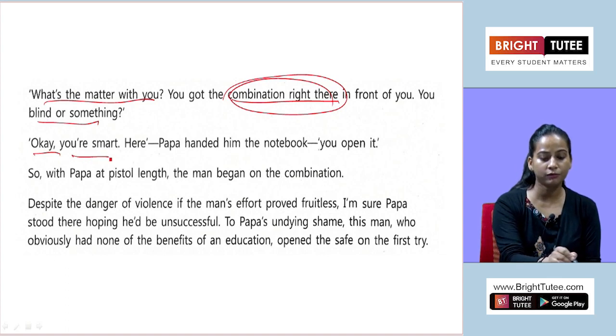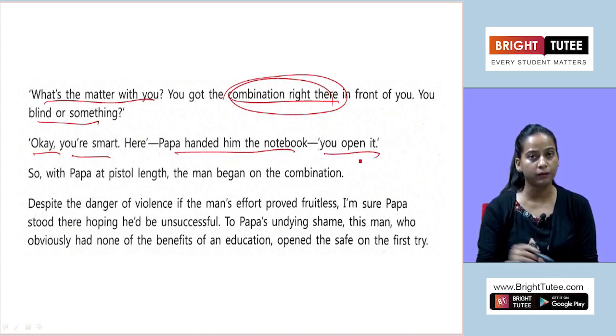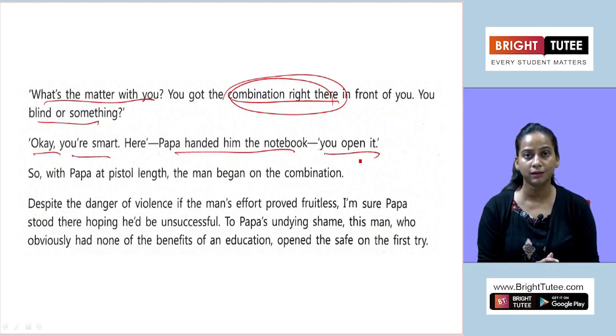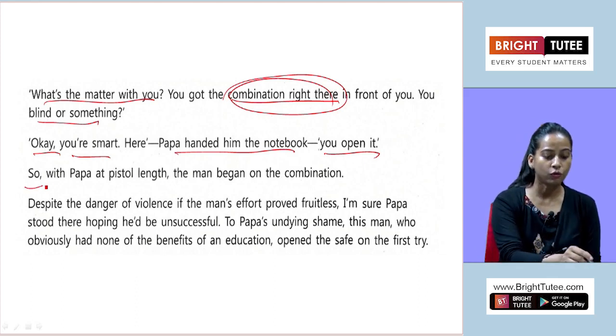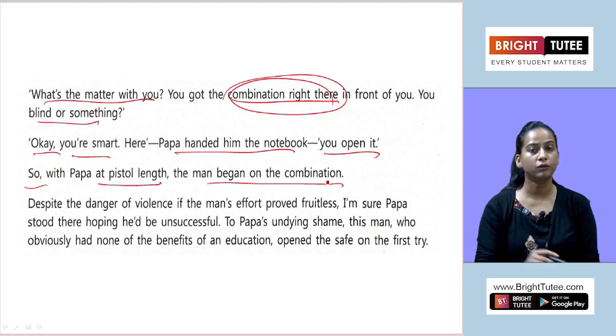"Okay, you are smart." Here, Papa handed him the notebook. "You open it." Papa got frustrated and angry also, and he said, okay, you just take this and you open it. So with Papa at pistol length, the man began on the combination.